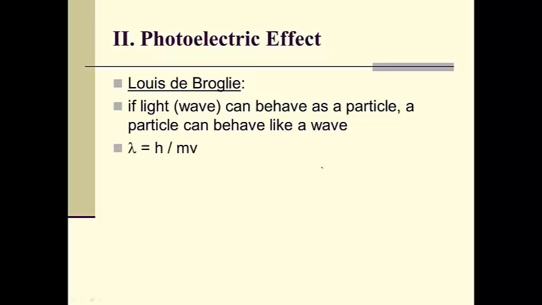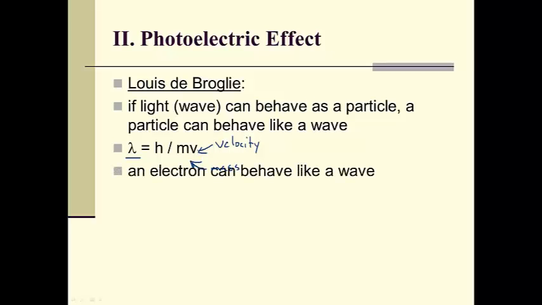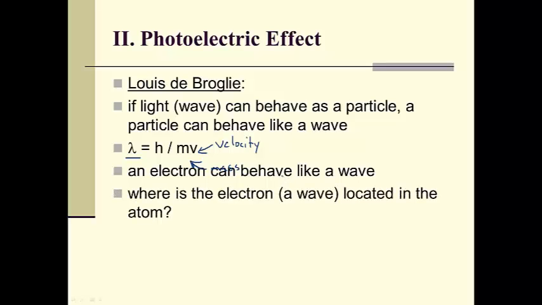So he said the wavelength of anything that is moving is equal to h divided by the mass times the velocity. So an electron can behave like a wave. Now, where's the electron?